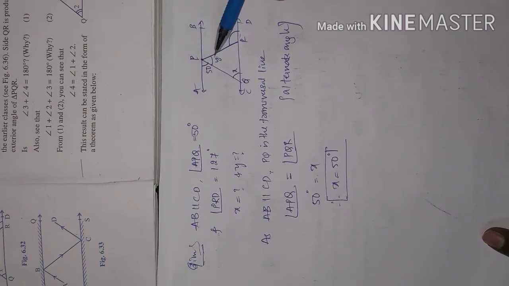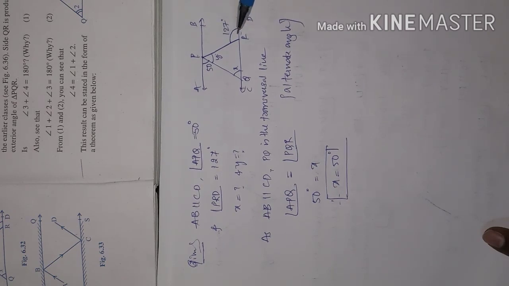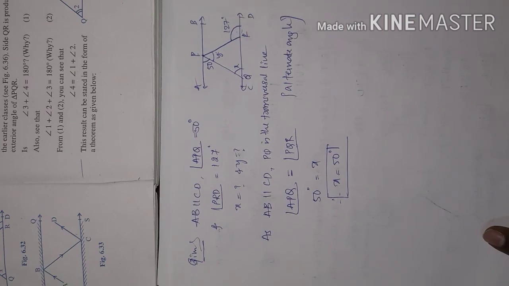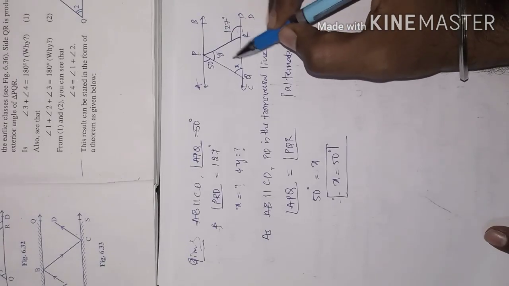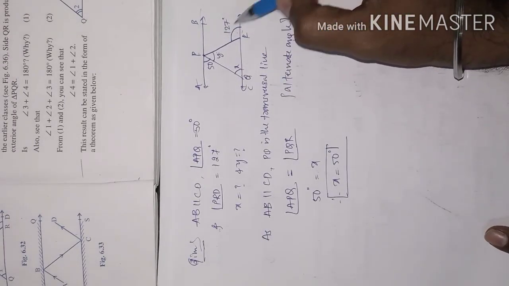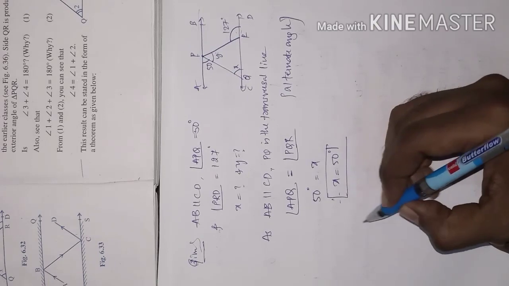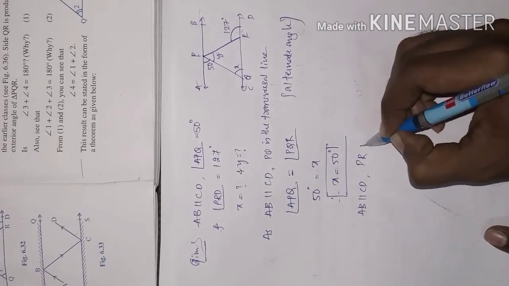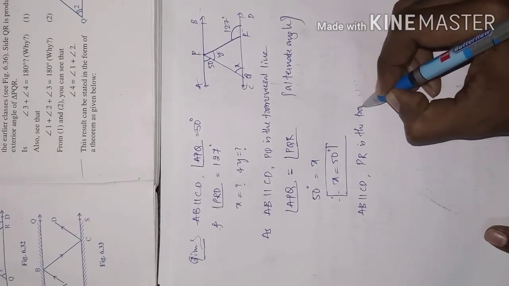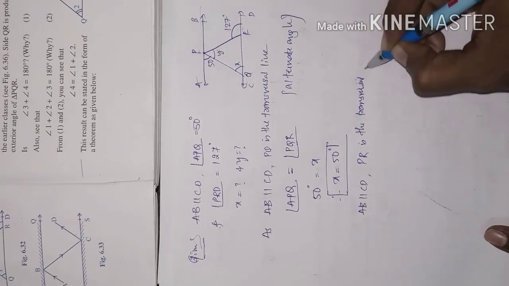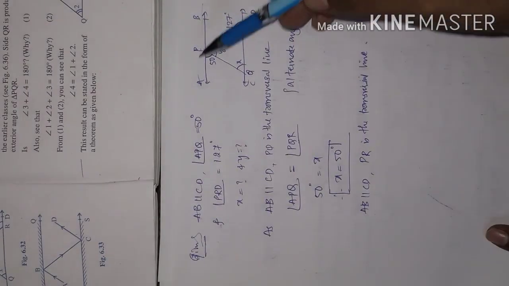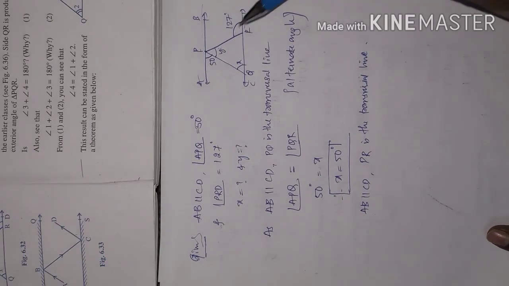Here you can apply the exterior angle property of a triangle, or else you can just apply alternate angles. Whichever you feel is easy, you apply it. We'll apply alternate angles here. AB and CD are the parallel lines and PR is the transversal line now.